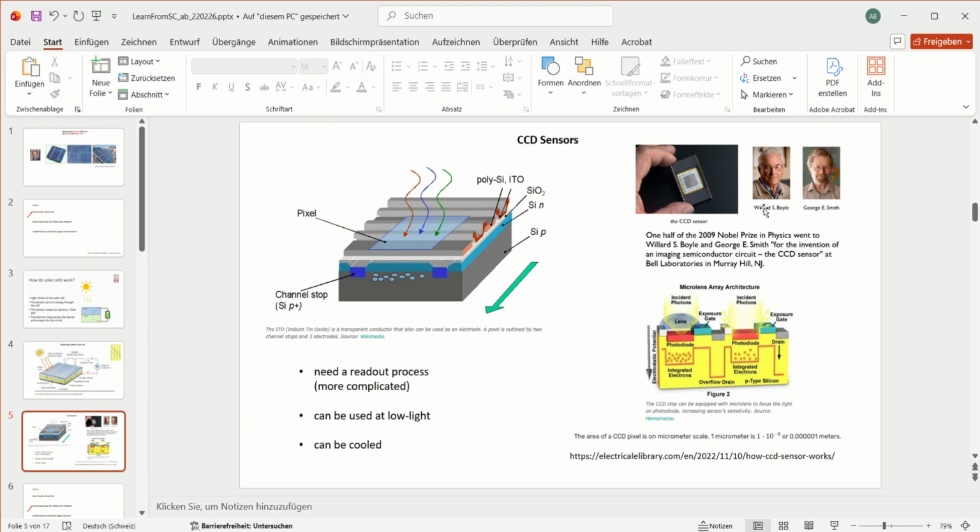Which can be understood, they're working with semiconductors, and the inventors of the CCD actually didn't plan to invent CCD cameras. They were working on a storage mechanism for electrons, and then they realized that it could be used as a photographic sensor.